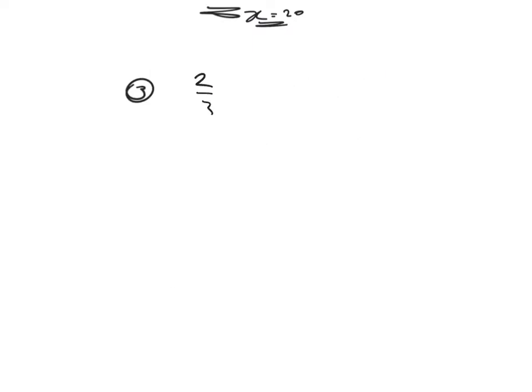Okay, 2/3 x plus 5 is equal to 9. Okay, what's causing difficulty this time is the divide by 3. So eliminate that by multiplying by 3, but I'll need to also multiply that side by 3.